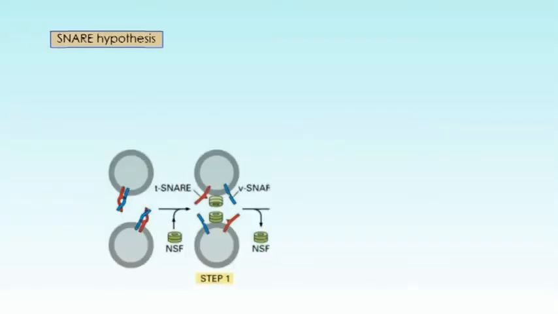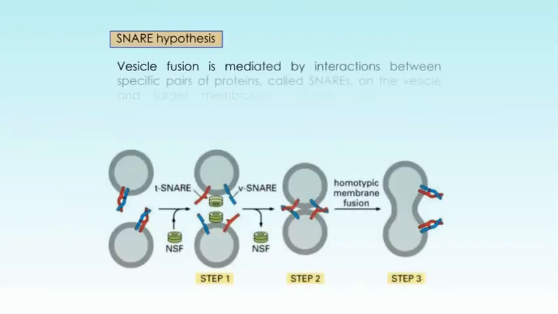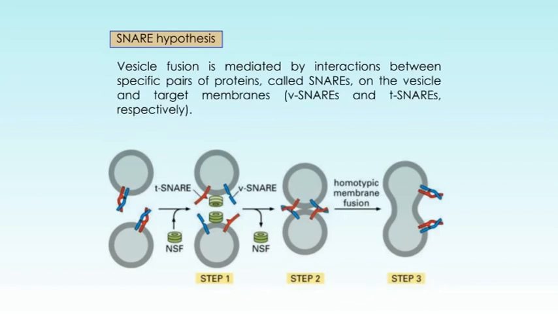Proteins involved in vesicle fusion were initially identified in James Rothman's laboratory by biochemical analysis of reconstituted vesicular transport systems from mammalian cells. Analysis of these proteins led Rothman and his colleagues to propose a general model called the SNARE hypothesis, in which vesicle fusion is mediated by interactions between specific pairs of proteins called SNAREs on the vesicle and target membranes.